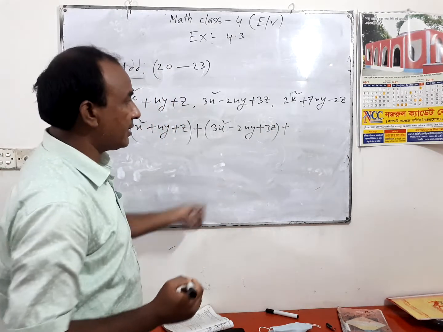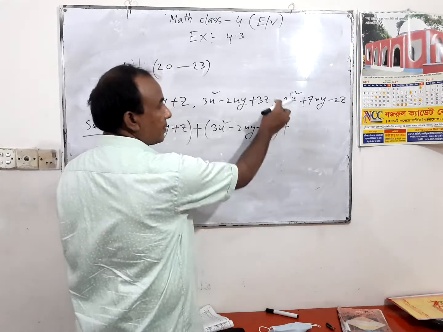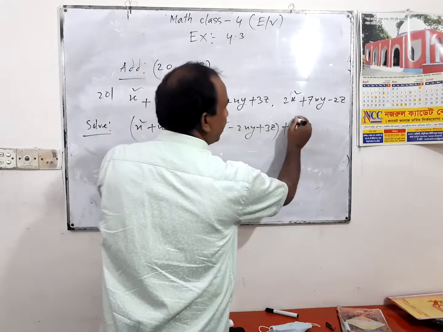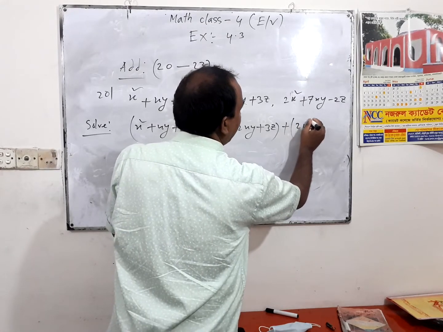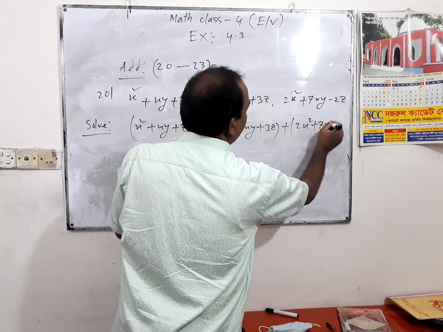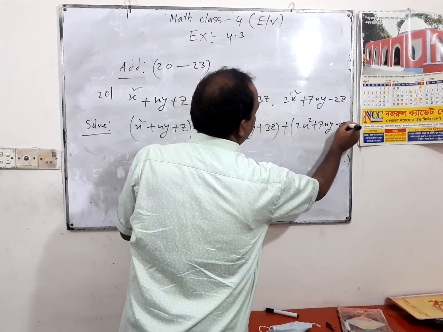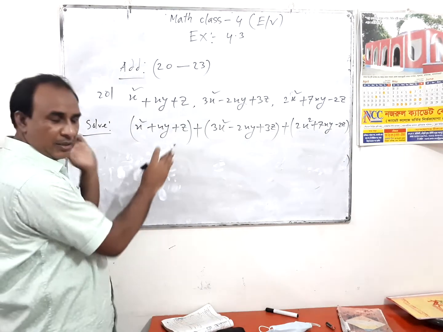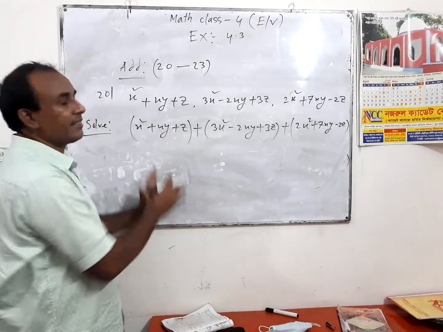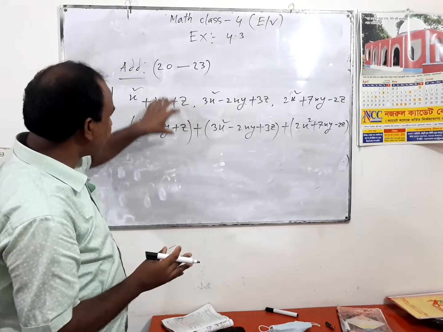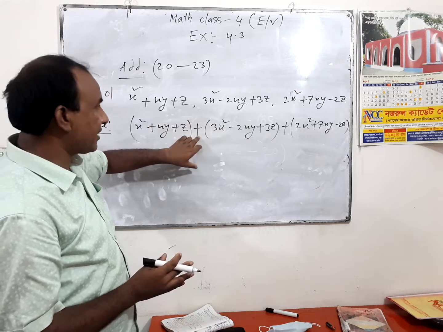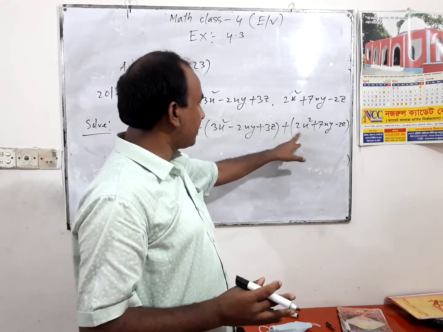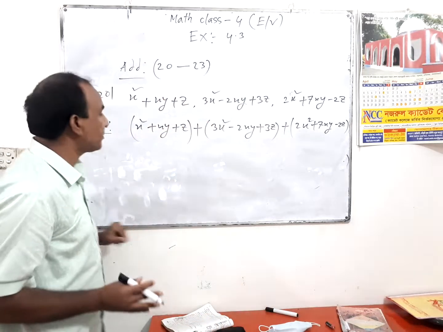Before the third expression we have to put a plus sign because we are going to add. 2x square plus 7xy plus z. In this line we are going to add three algebraic expressions. This is the first expression, put a plus sign. Second expression, put a plus sign. Third expression, put a plus sign here.